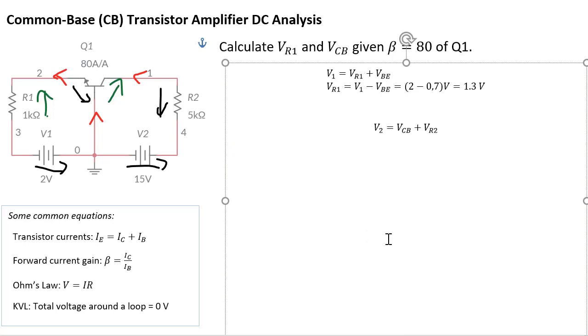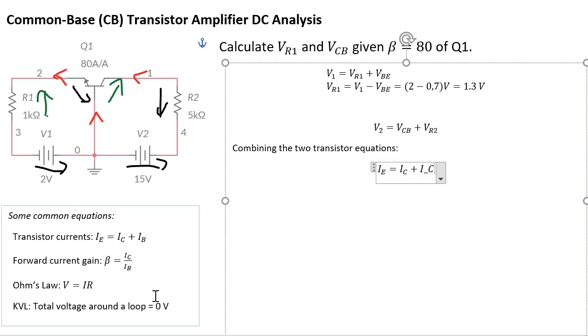So I'm going to rewrite, combining those two equations. So we're going to have IE is equal to, well, we want to know what IC is, so we're going to keep IC, plus, now instead of IB, I'm going to substitute it with IC over beta.